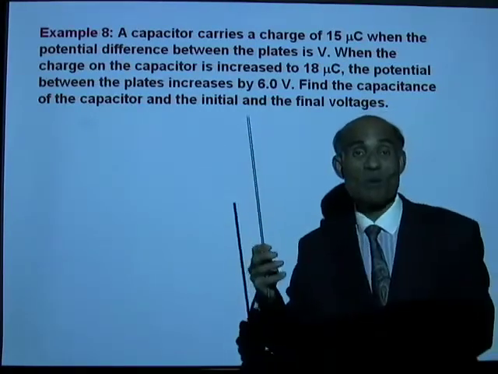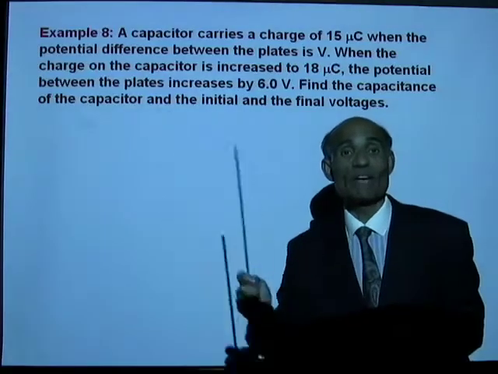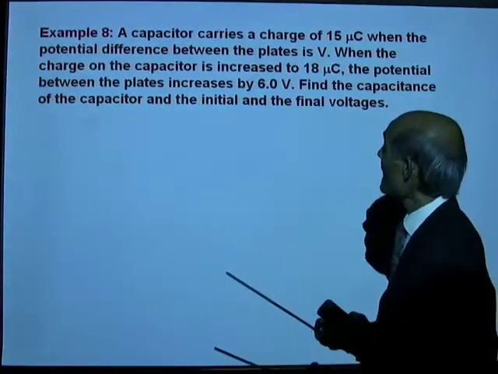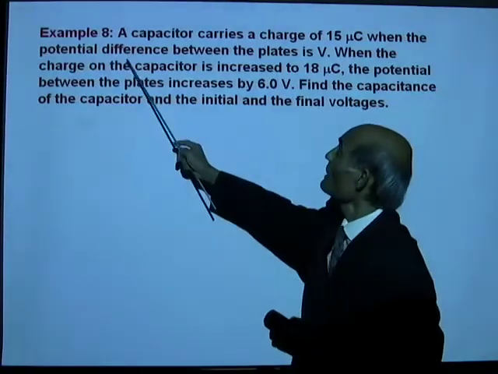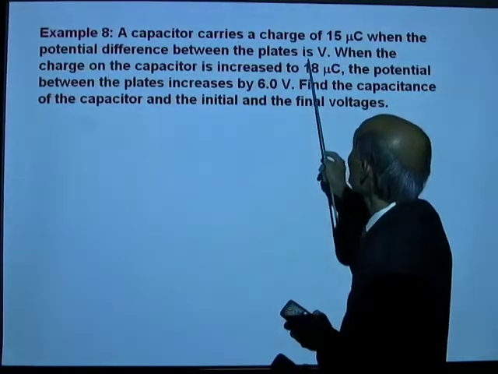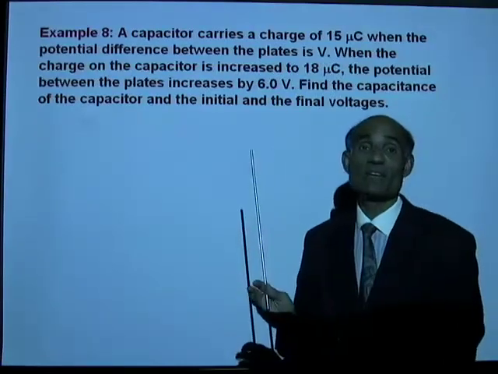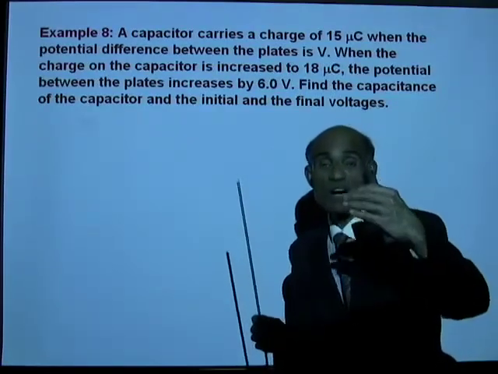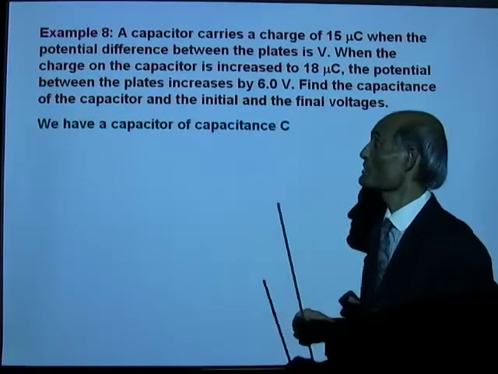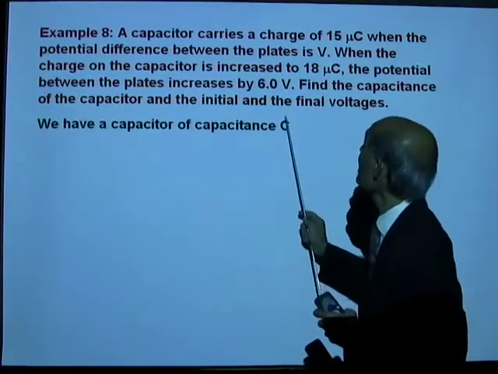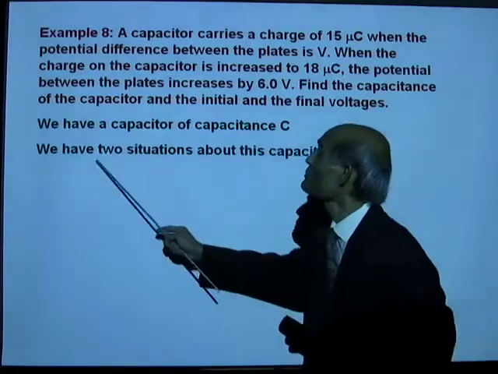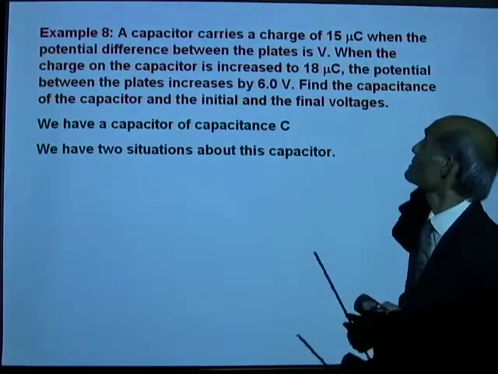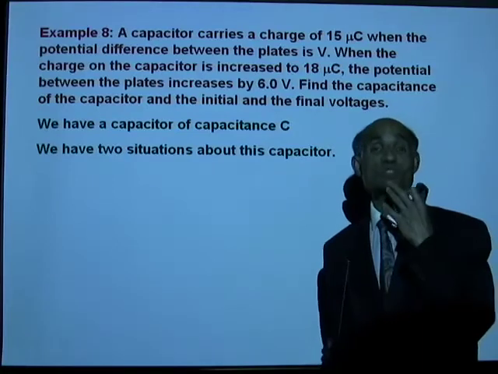Try and picture the problem and see whether you can draw a diagram. A capacitor carries a charge of 15 microcoulomb when the potential difference between the plates is V. Well, we've got the charge and the potential difference. We have a capacitor of capacitance C. We have 2 situations about this capacitor. What are the 2 situations?